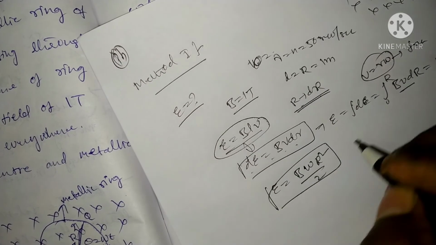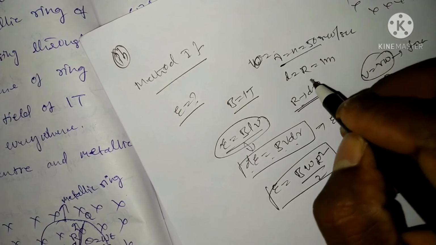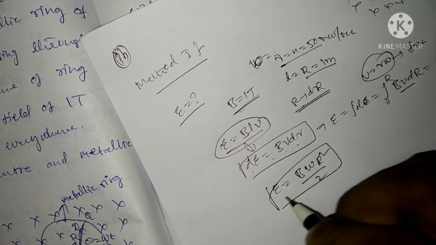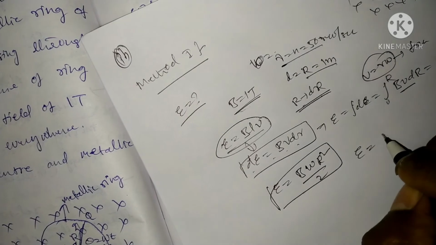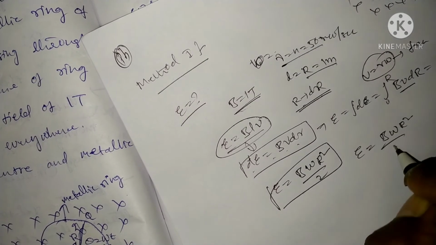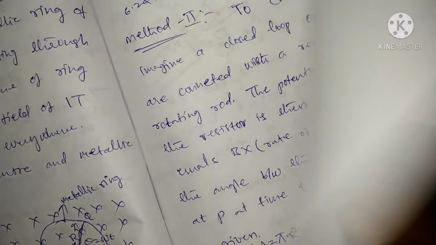From this equation we know the frequency, radius and magnetic field. Substitute these values in the formula: E is equal to B omega R square by 2.